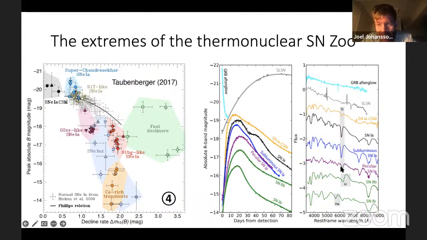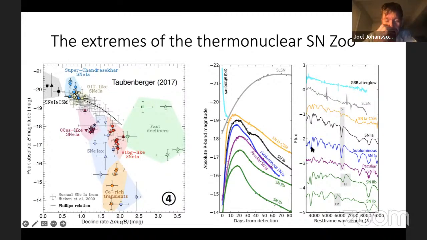All these type Ia supernova have this prominent silicon absorption feature here. But based on this spectrum, you can put a supernova in these different categories or subclasses.